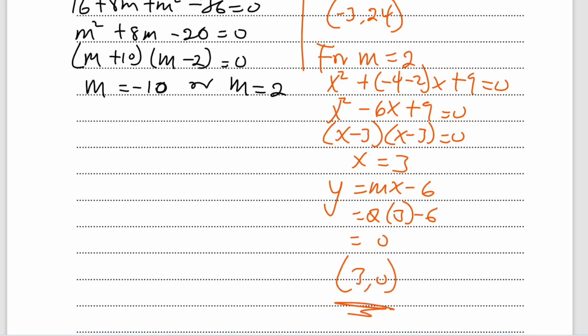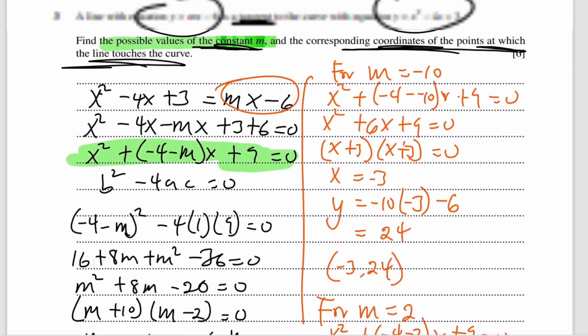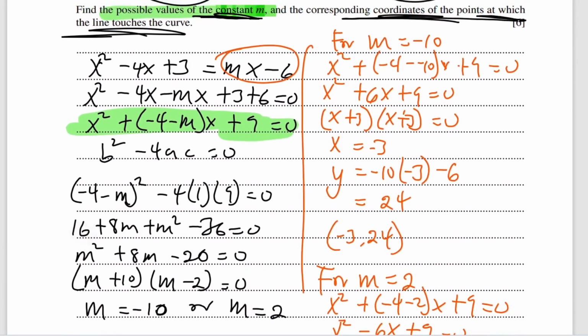That's it. Like I said, the red part of the work is where the A-level knowledge comes in. The little part is that you use the m values to get a new quadratic, solve to get the x values, and put them into one of the equations, either the curve or the straight line, to get a corresponding y value.